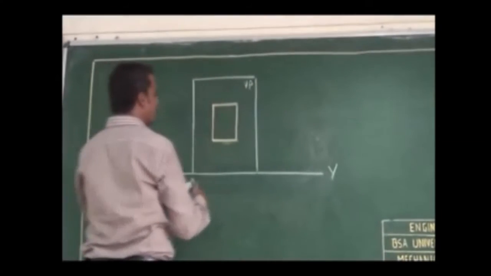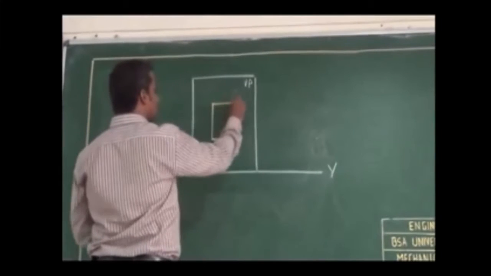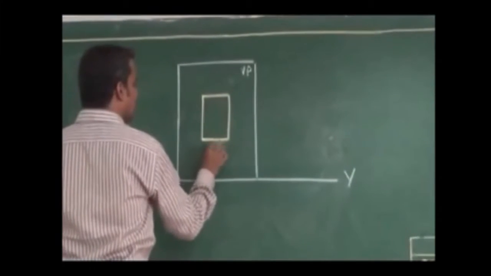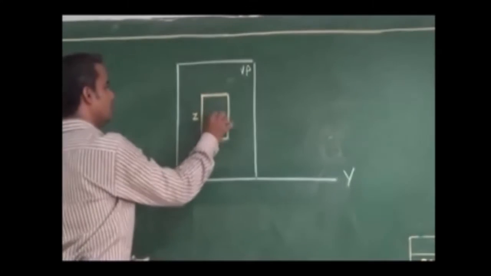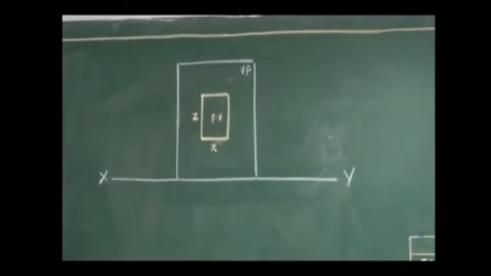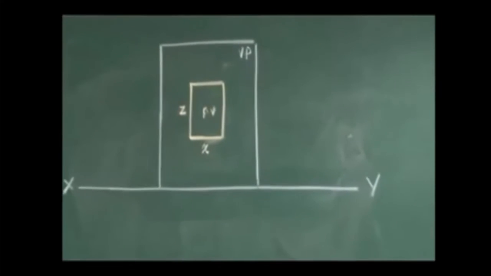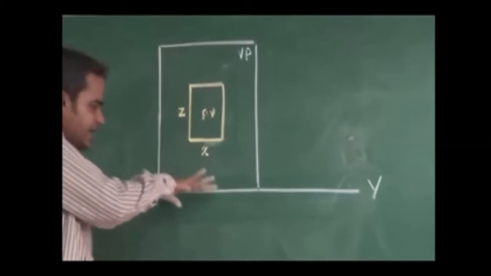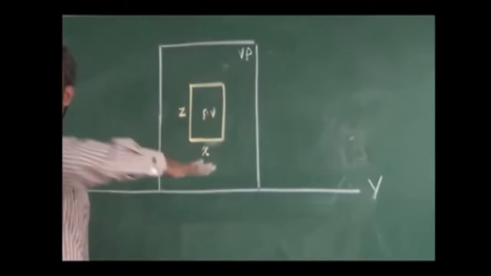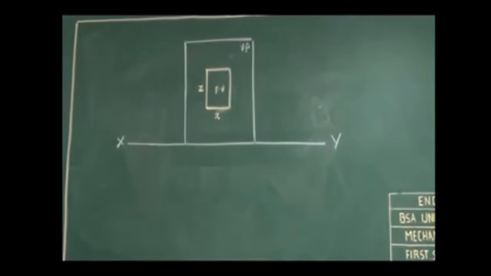It will have dimensions of x and z. This is my front view. While I am tilting this, the horizontal plane will match with the reference line, and it is like this. So it is a 3-dimensional setup.